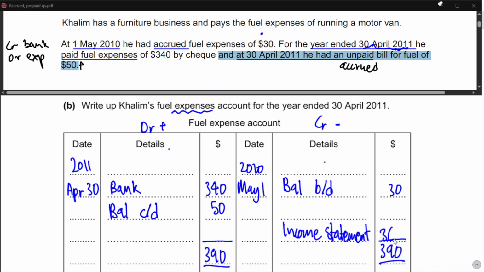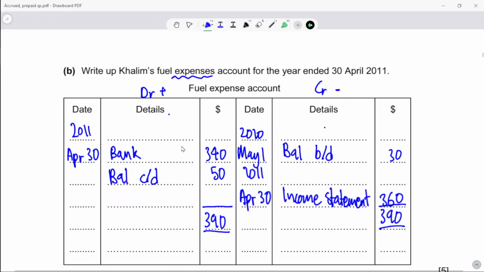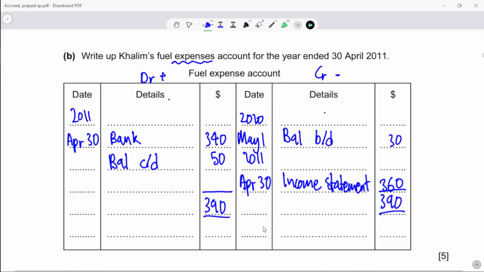So 360. Then we can bring down the balance to the next day. Bring down.